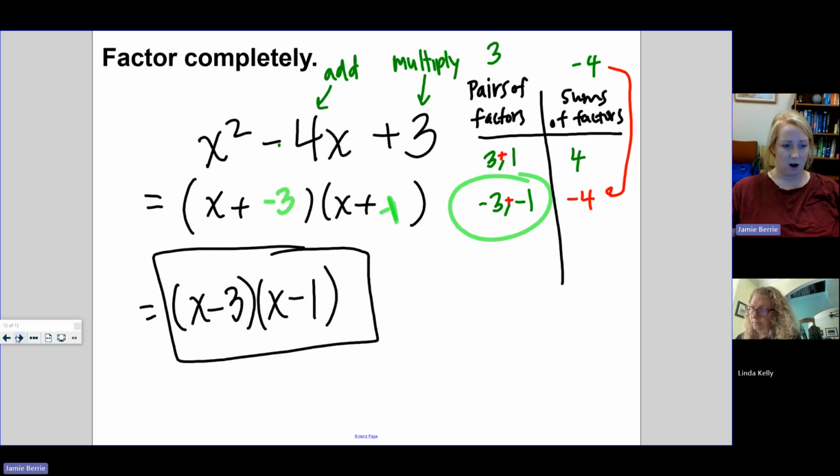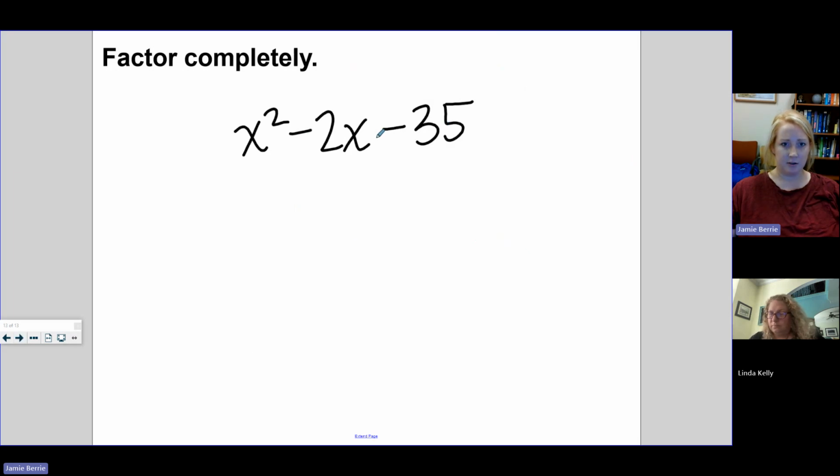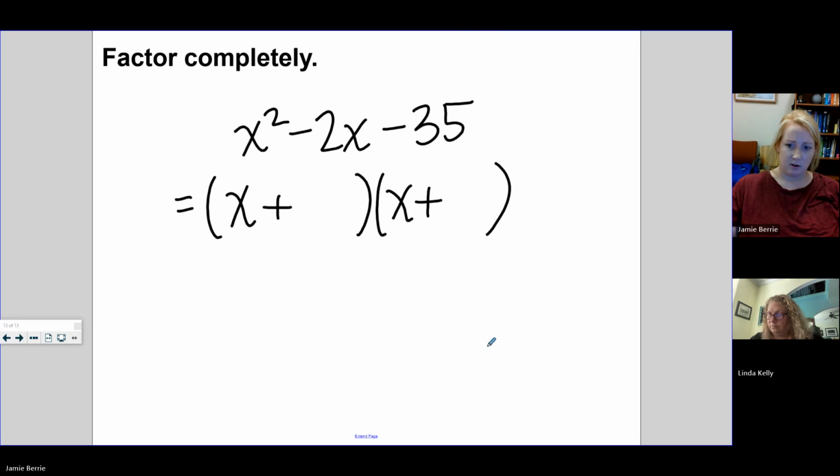Okay, and then our last one, we've considered 3 cases. The only one we haven't done is where we have a minus and a minus. All right, so you're going to do it the same way. Set up your template. So this one's x squared minus 2x minus 35. Down here, you do your table.